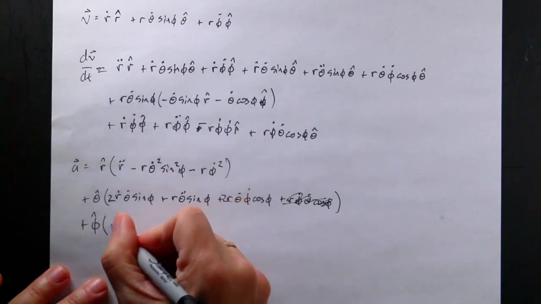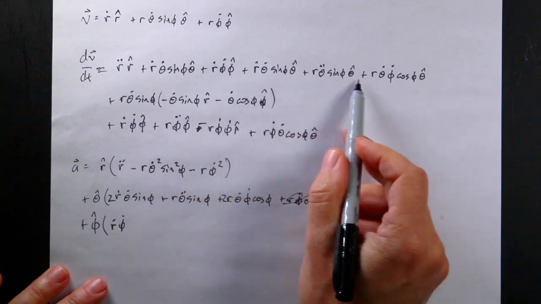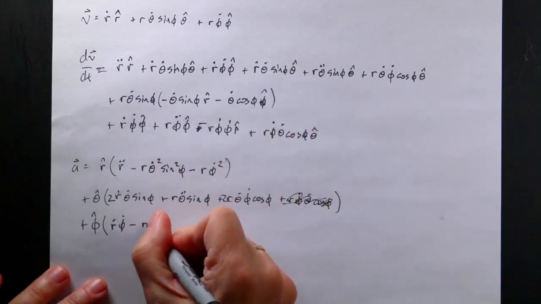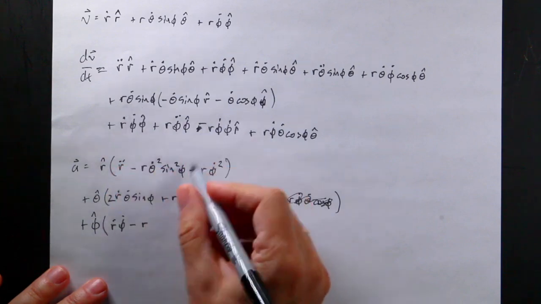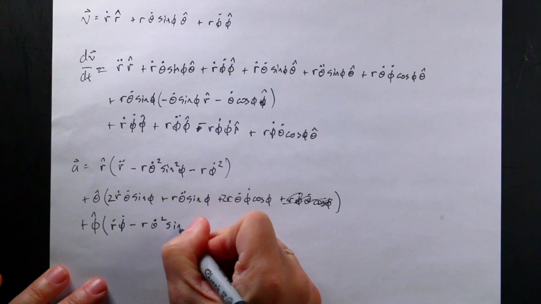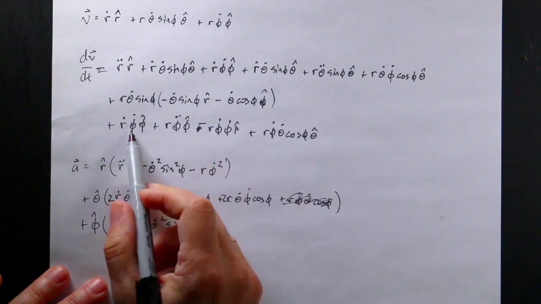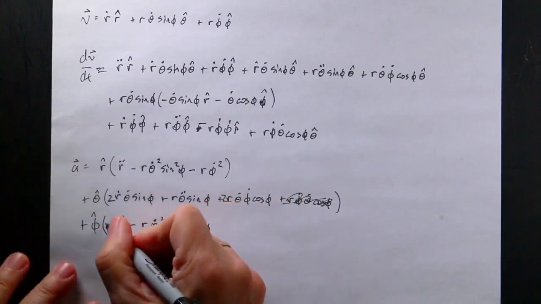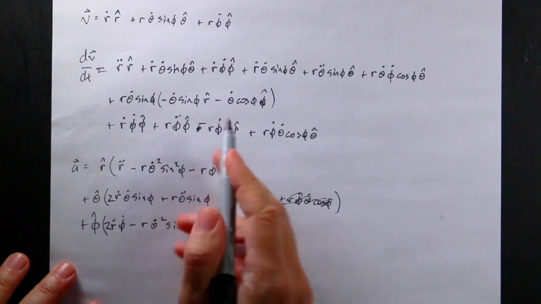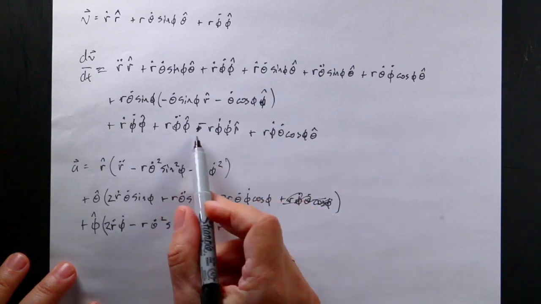There's one. R dot phi dot. There's one. So I'm going to get minus r, and then I have a theta dot times theta dot, so theta dot squared, and then I have sine phi cosine phi. Now look, here's another one, another r dot phi dot, so I get two of those. And then I have an r phi double dot, and that's it.